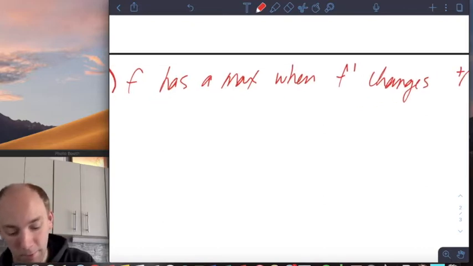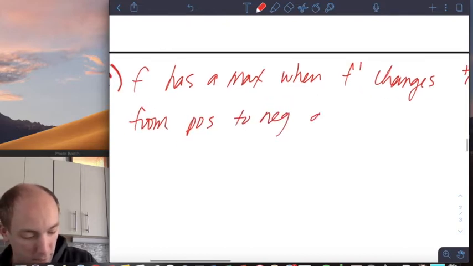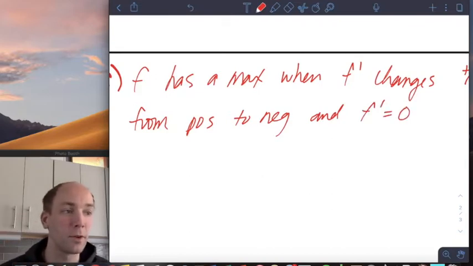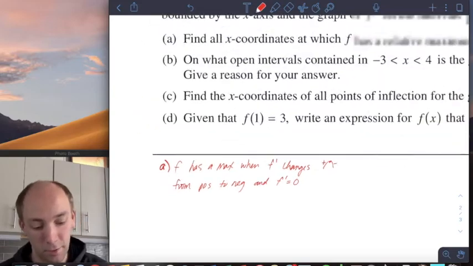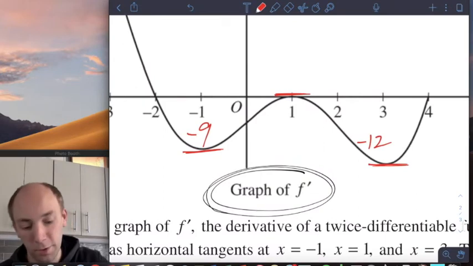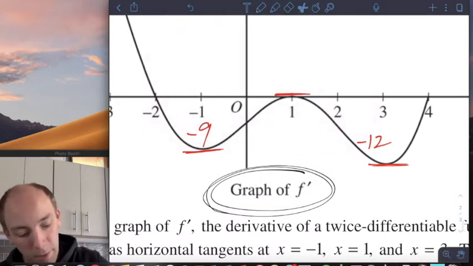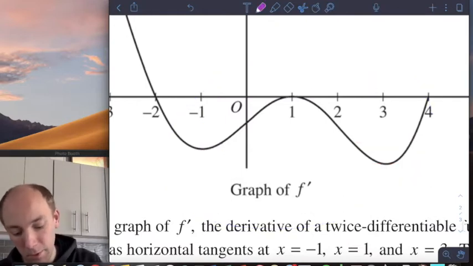So f has a max when f prime changes from positive to negative, and f prime equals 0. Just being extra thorough. So f prime equals 0 and it changes from positive to negative. There are a few different places where this graph is equal to 0. I'm going to get rid of some of this stuff for now so we can see a little better.